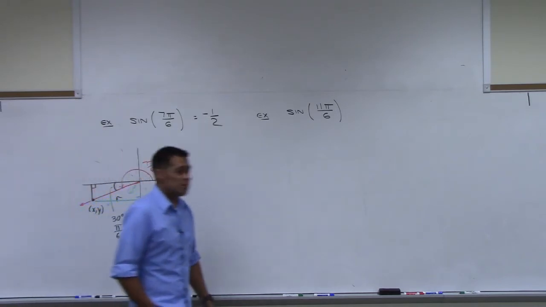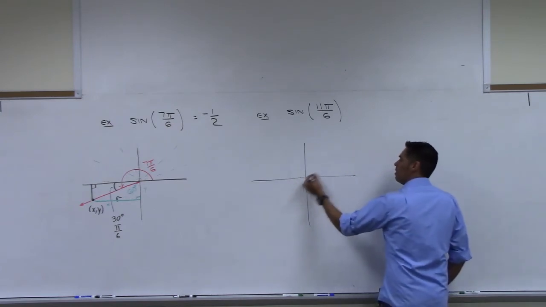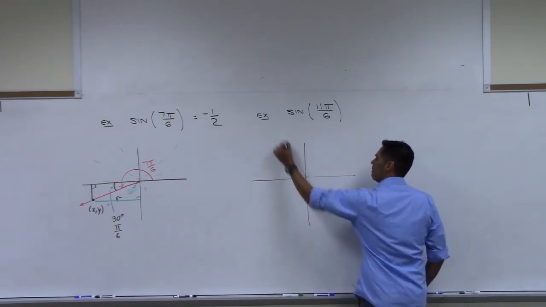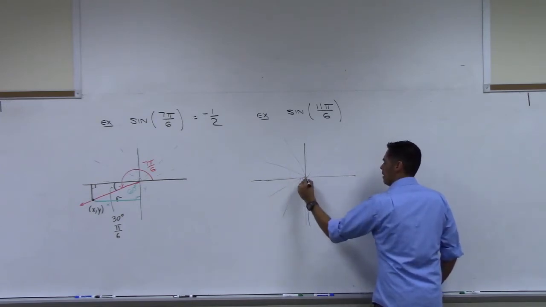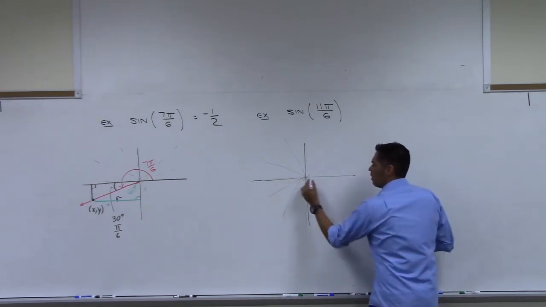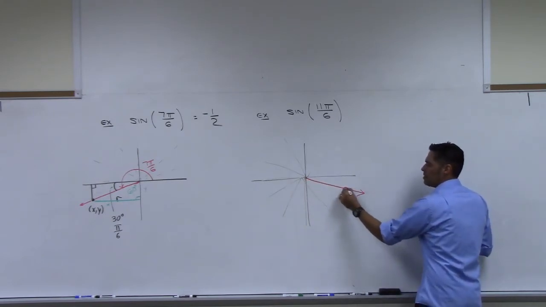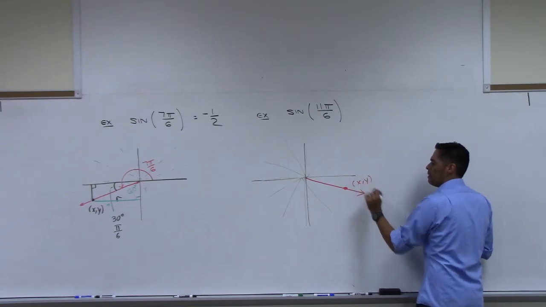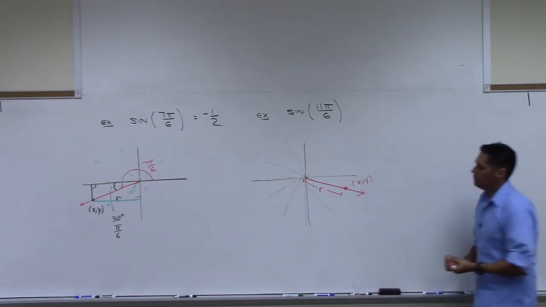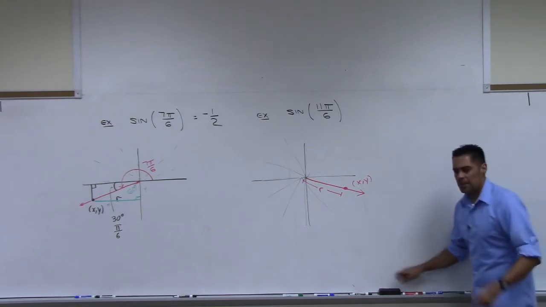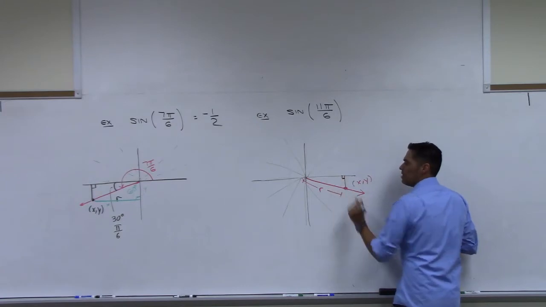So we need to know where that is, right? You can count by pi over 6s: 1, 2, 3, 4, 5, 6, 7, 8, 9, 10, 11. So we're here, right? We can pick some point on there, x, y, and then this is r, the distance from here to here. Does it seem natural to you to draw this right triangle?